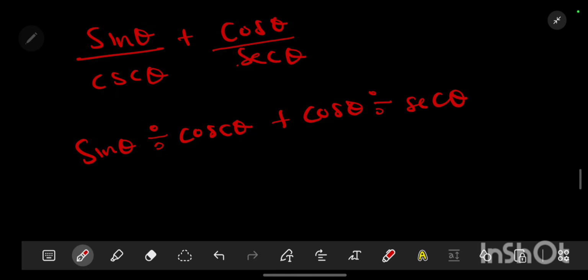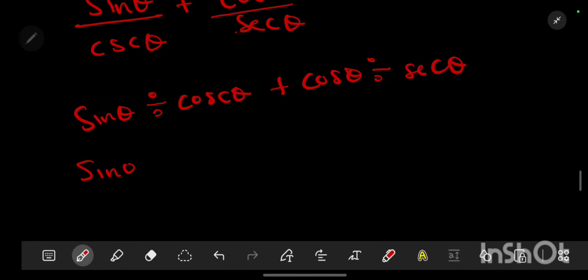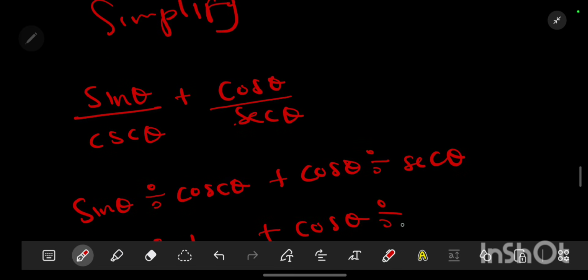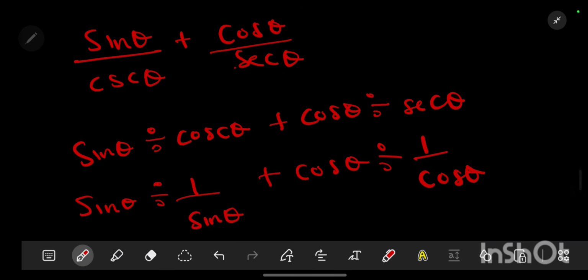Then what we are going to have is the sine of theta, then this will be divided by, we have cosec is equal to 1 over the sine of theta, like that. Then we have plus the cos of theta divided by, we have sec is equal to 1 over the cos of theta.